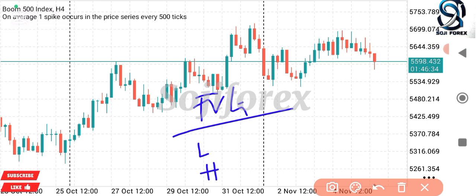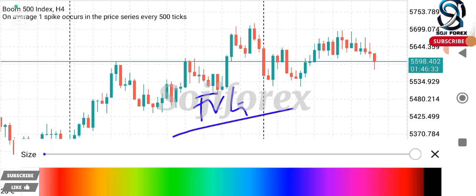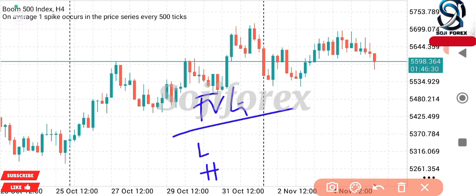That is what will give us a fair value gap, which means that if it is in a downtrend, this is the candle before, then this is the candle we want to consider, and then this is the candle after.